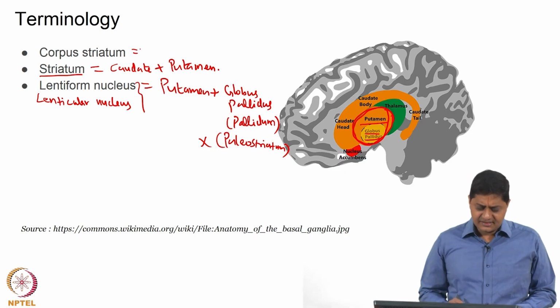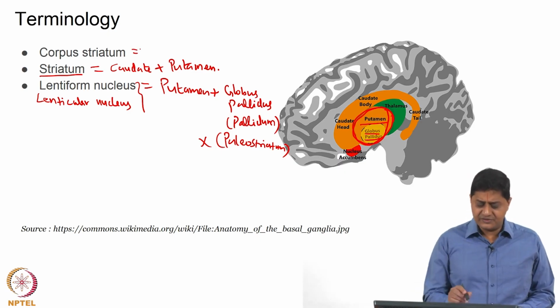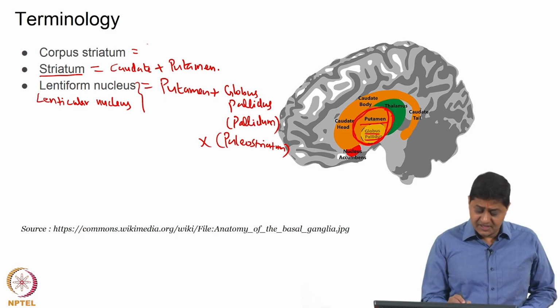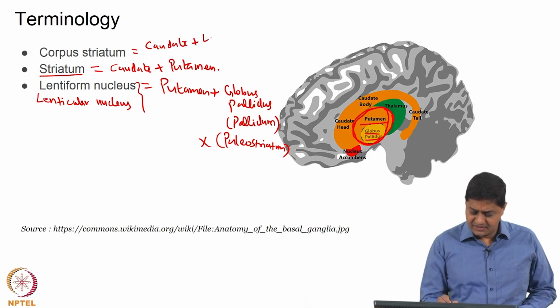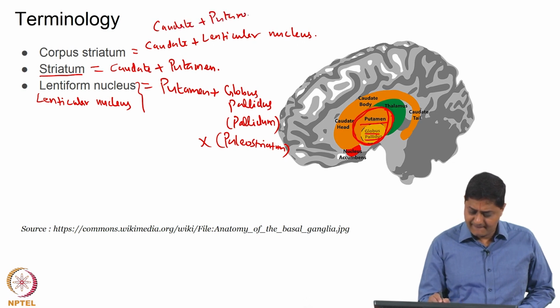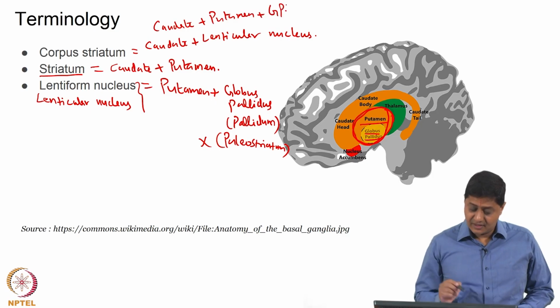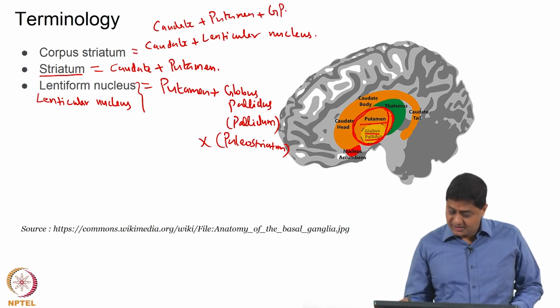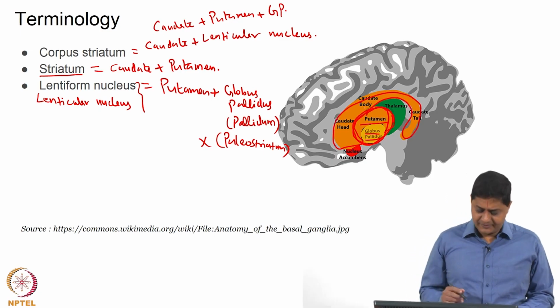Some textbooks refer to corpus striatum, which is basically caudate plus the lenticular nucleus, or this is basically caudate plus putamen plus the globus pallidus. So, all these things are referred to as corpus striatum by some people.